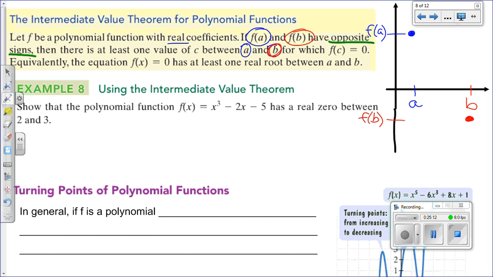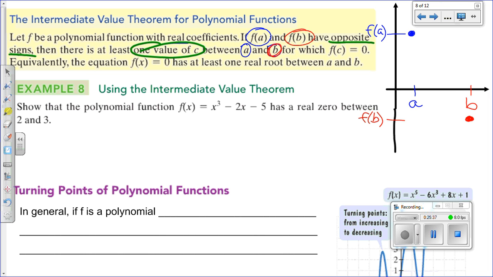Okay. So now, what the theorem is saying is that if f of a and f of b have opposite signs, we already established that, right? One is positive, one is negative. If that is the case, there is at least one value, and we're going to call that c, between a and b. Not necessarily the midpoint, it's just between it, okay?